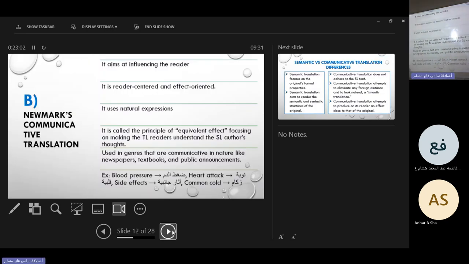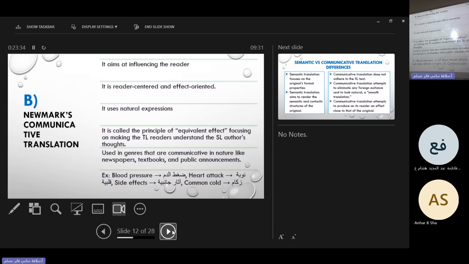Now what have we finished? In the semantic translation strategy we talked about phonetic, morphological, and the last one, the lexical. Okay? These three belong to the semantic translation strategy. Now we will talk about Newmark's communicative translation strategy. What is it?